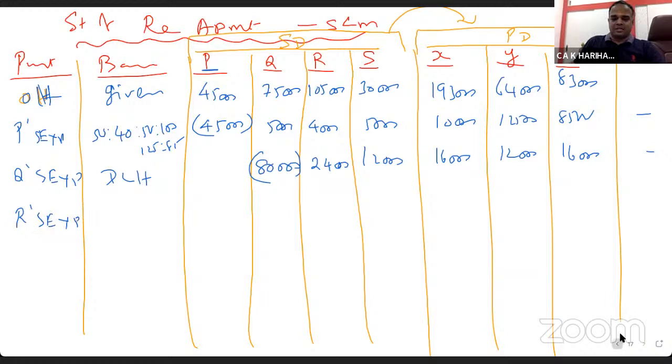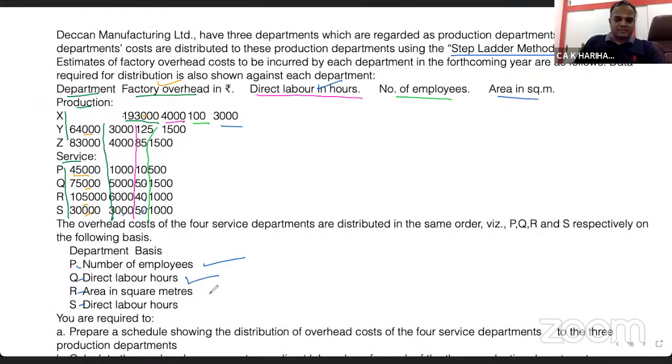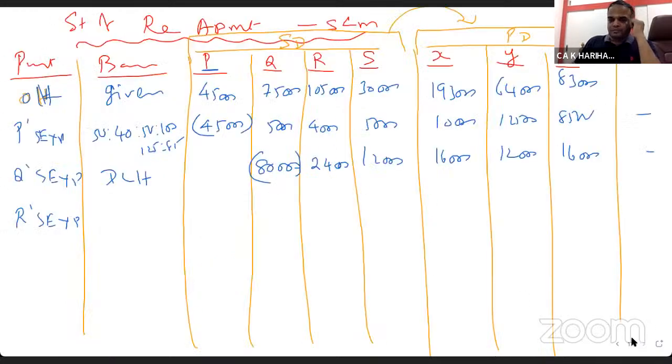Then P, Q over, R's expenses. On what basis are R's expenses to be apportioned? Area in square meter, the last column. Now, 60, 30, 40. So the total of R we have to apportion based on area in square meter. R's total comes to how much? 1,05,000 plus 4,000 plus 24,000 is equal to 1,33,000.